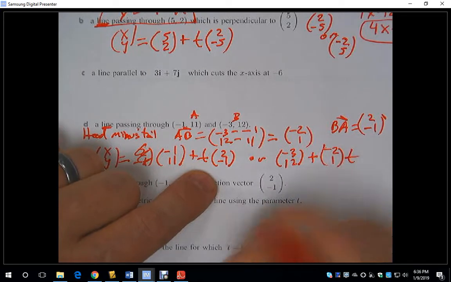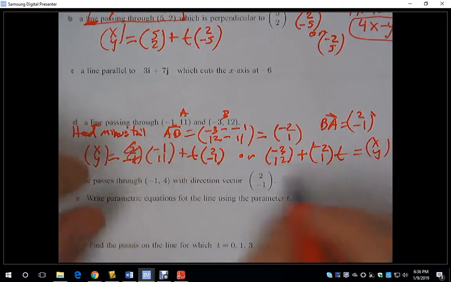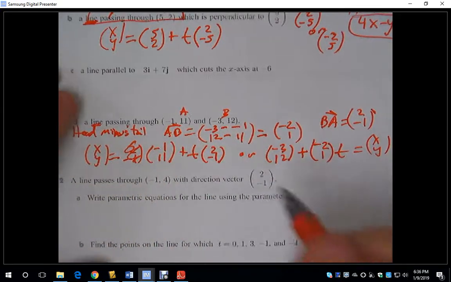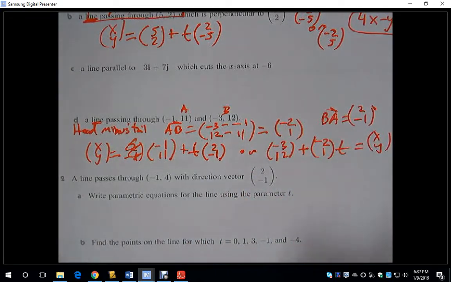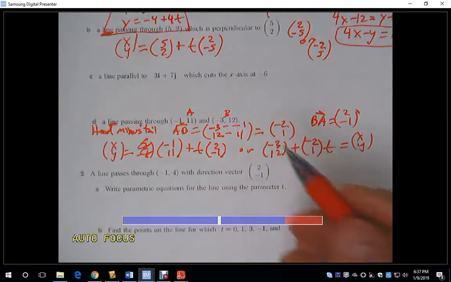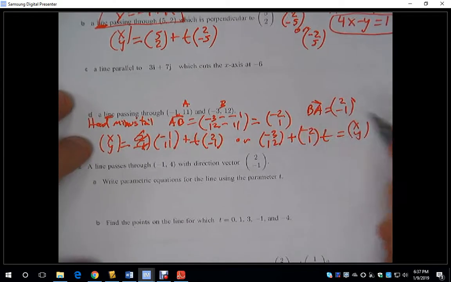I'll just put the t back here, it doesn't really matter. But that is going to equal our xy. And then we could swap these out if we wanted to. So there's like 4 different ways we could write the same vector equation for part D, or really for any of them. If you know multiple points along the line, then you're really looking at infinite vector equations.